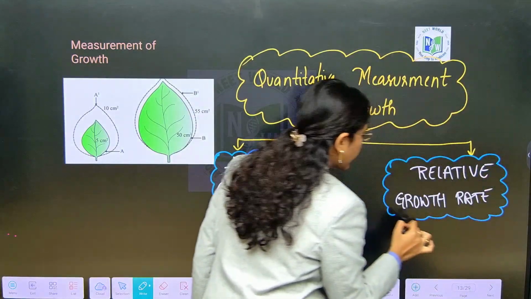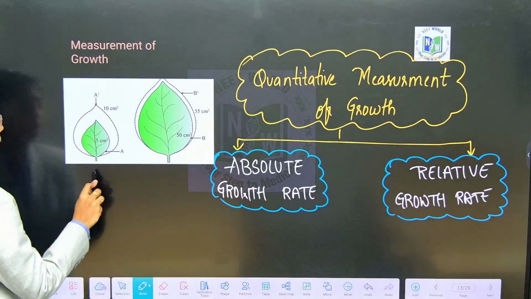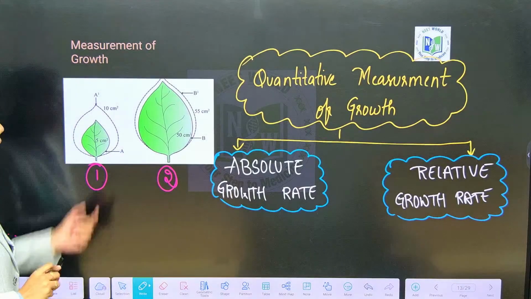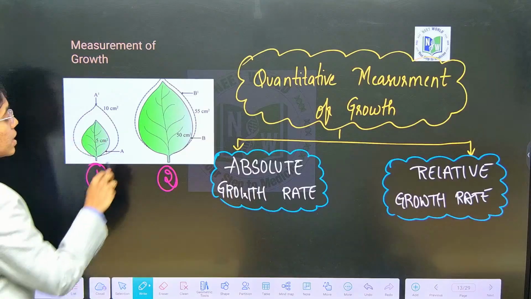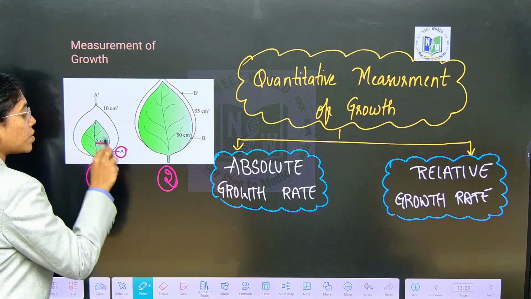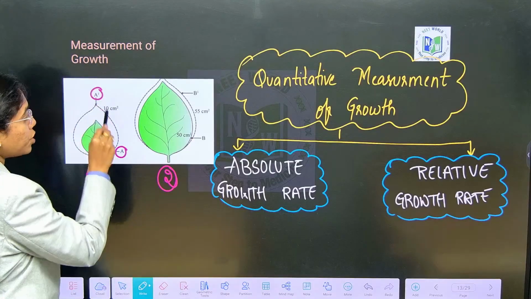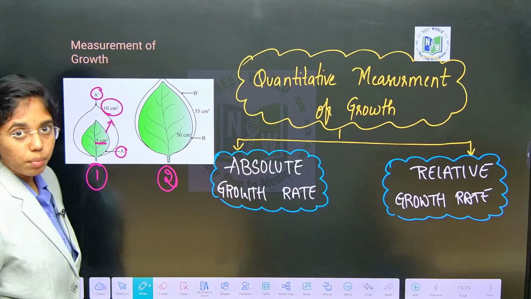How will you calculate the absolute growth rate? Here if you see in image 1 and image 2, in image 1 the area of the leaf is considered as A, which is 5 centimeter square. And here if you see A dash, the size increases up to 10 centimeter square.